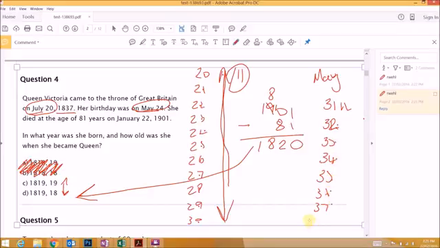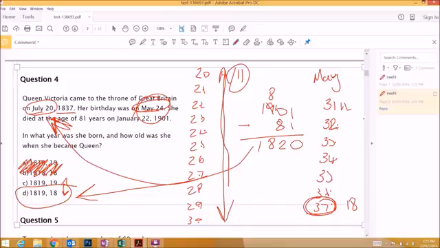Now it's important that we count her birthday in this year because she wasn't coronated until July the 20th. So she'd already had a birthday. So that means our answer for this question is going to be D.